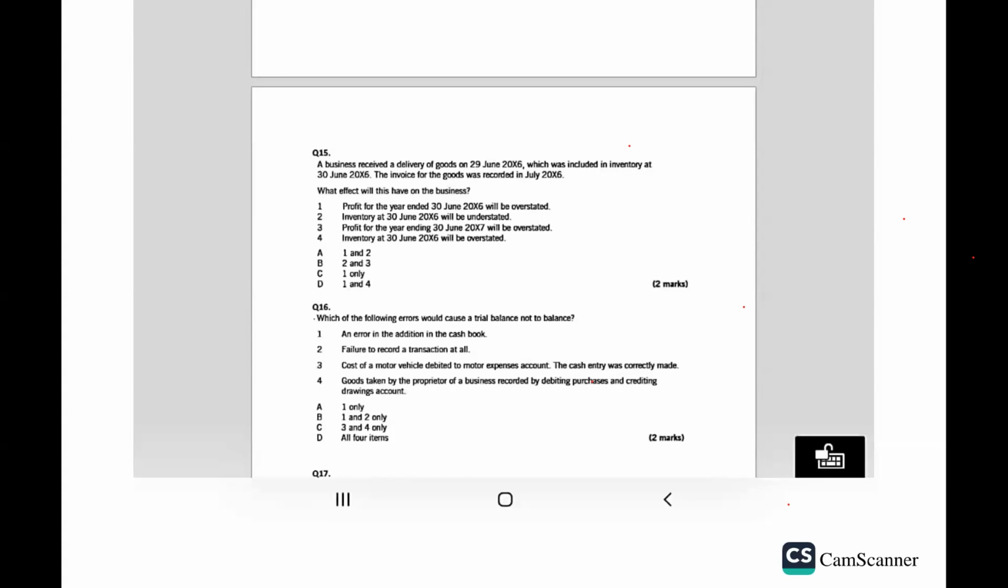Find time to go through the errors. I submit that the answer is A. That's my submission. The only error here that can affect the trial balance is number 1, the error in the addition in the cash book.